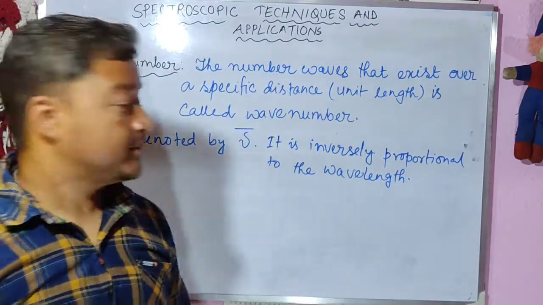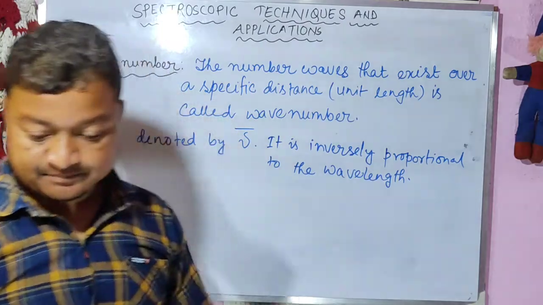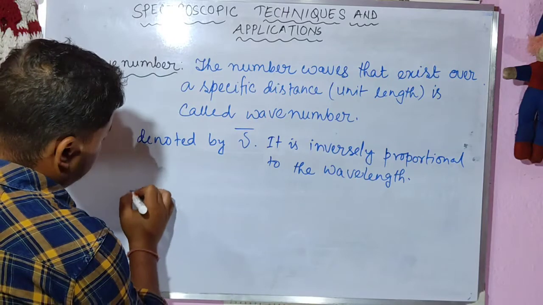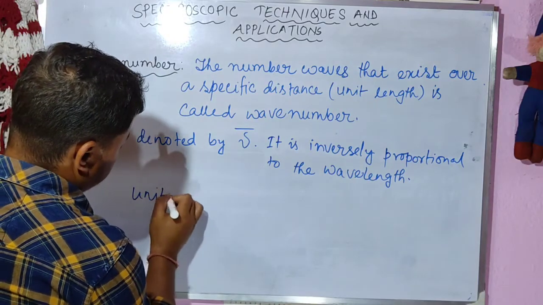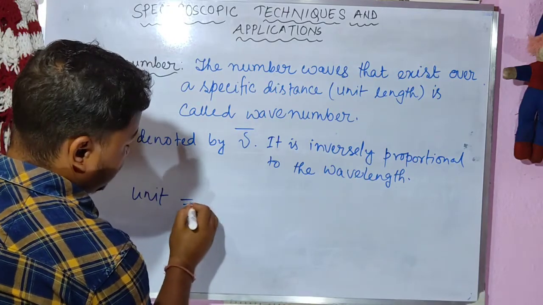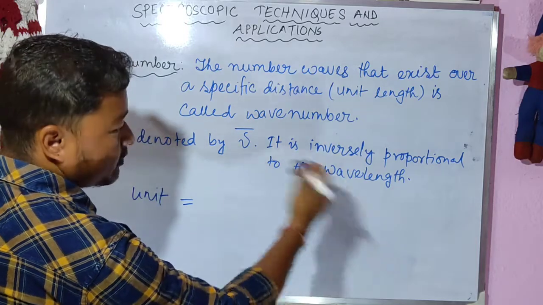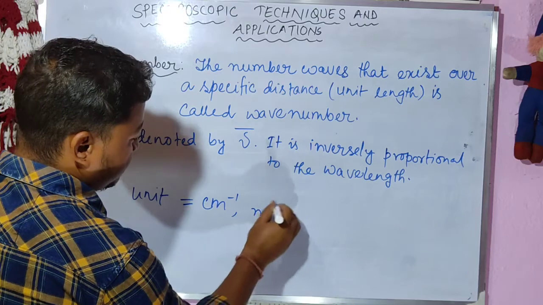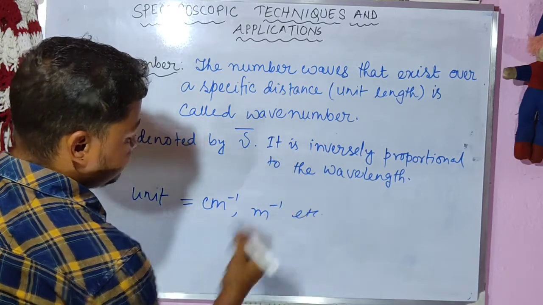The unit of wave number equals the inverse of wavelength, that is centimeter inverse, meter inverse, etc.